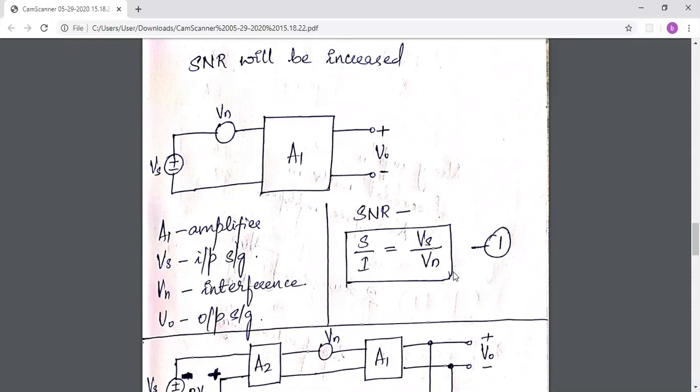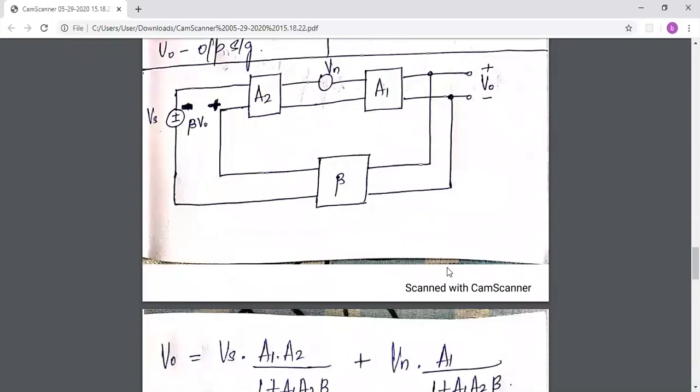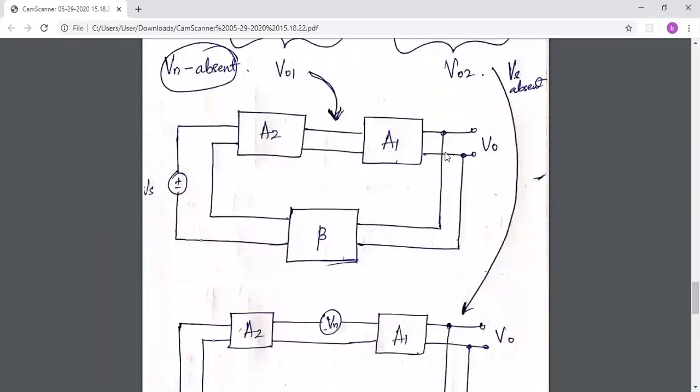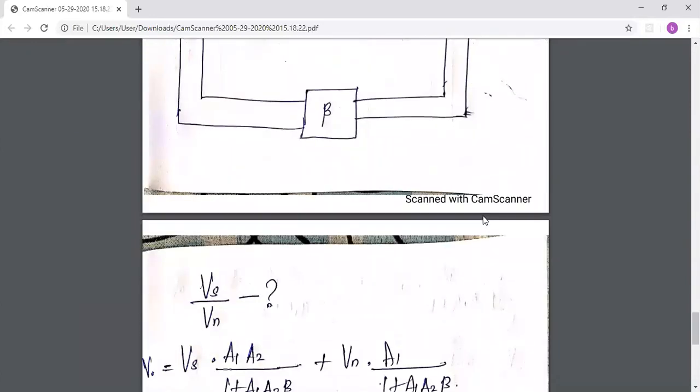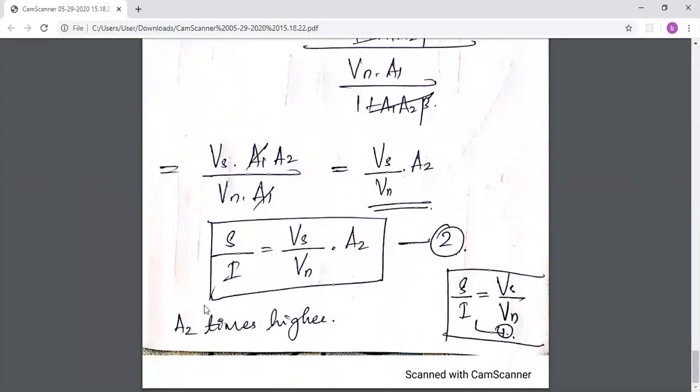See here, I mentioned this earlier also, but I repeated it for you to recap. Here, the signal to noise ratio is equal to Vs by Vn. That's all. By the introduction of the amplifier and negative feedback, observe what we got. The signal to noise ratio is Vs by Vn into A2, isn't it?